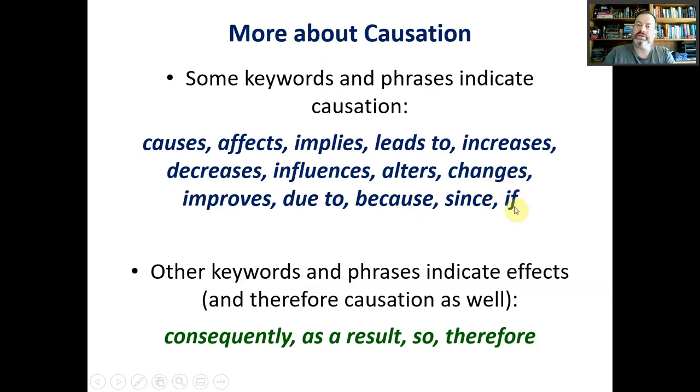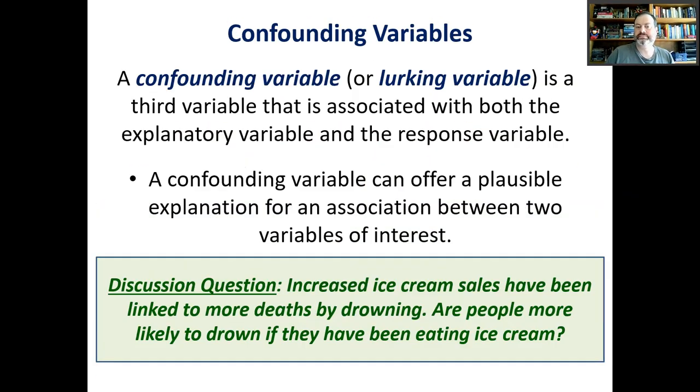So can we take an association and turn it into a causation? Well, if you're not sure, just think about, does this make sense? Because this is a true fact. It is factually correct that in areas of the country or cities or whatever that have higher ice cream sales, more people drown there.